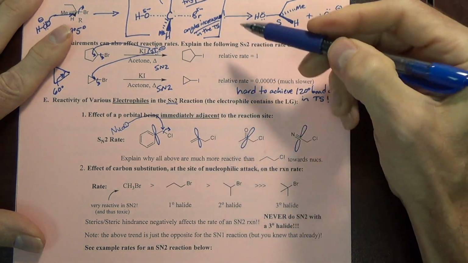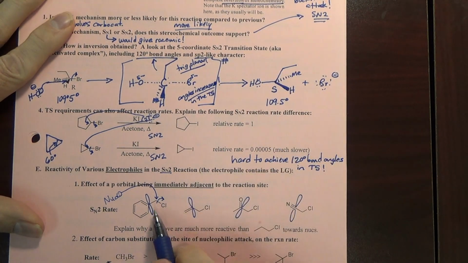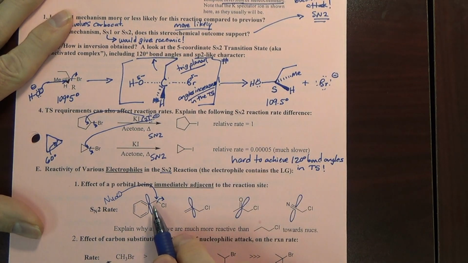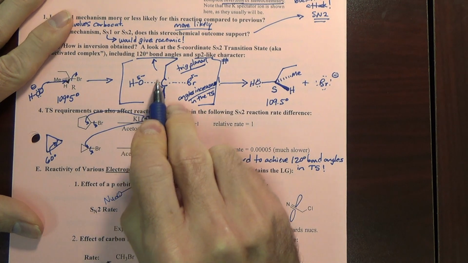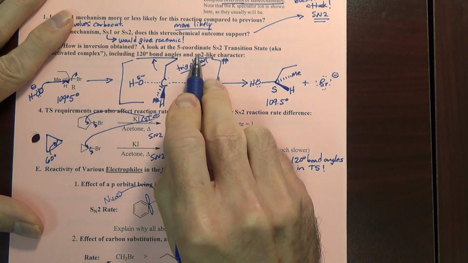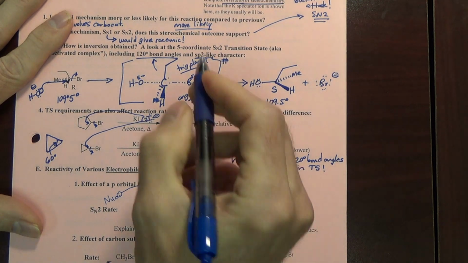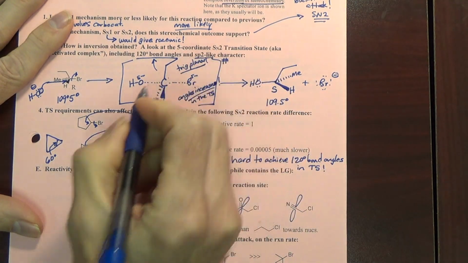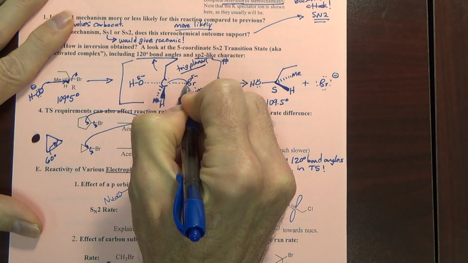But remember what we said in the last video. In this transition state, it becomes trigonal planar with sp2-like character. Now it looks like I didn't draw this in last time, but trigonal planar with a p orbital.